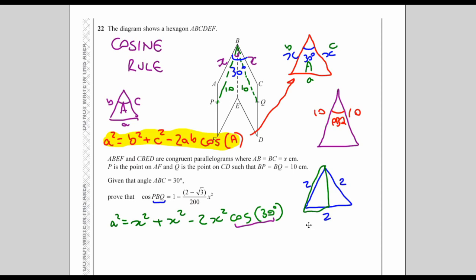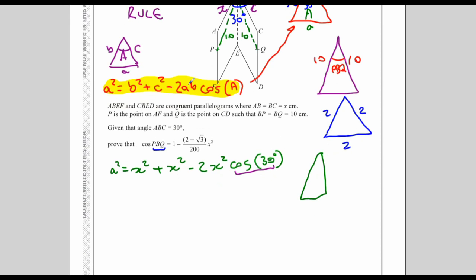And this triangle, this green one, is going to have lengths of 2 and 1 because it's been cut in half. Equilateral triangle, that was 60, that was 60, but it's been cut in half, so now it's 30. This is a right angle.